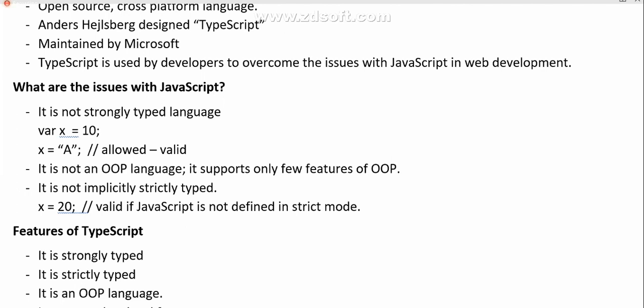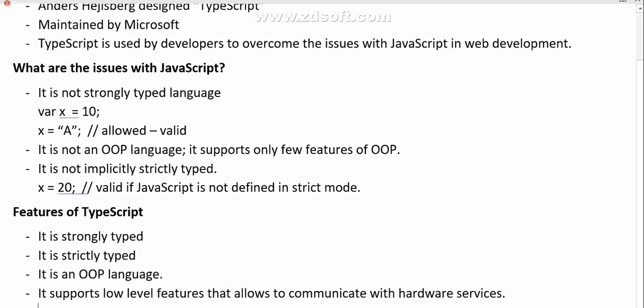So that allows it to communicate with the hardware services. Remember, TypeScript is not only for web development. TypeScript is a very huge language.